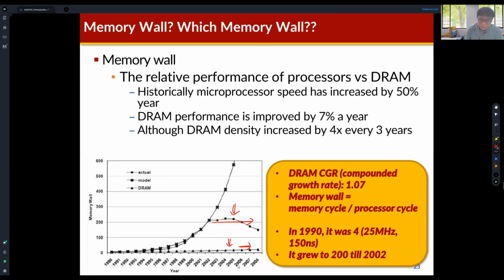As memory speed keeps increasing while CPU clock frequency is saturated, the gap of the memory wall is reducing. That's a good thing, but the memory is still slow. That's why we are focusing on memory research, on faster memory or larger memory.